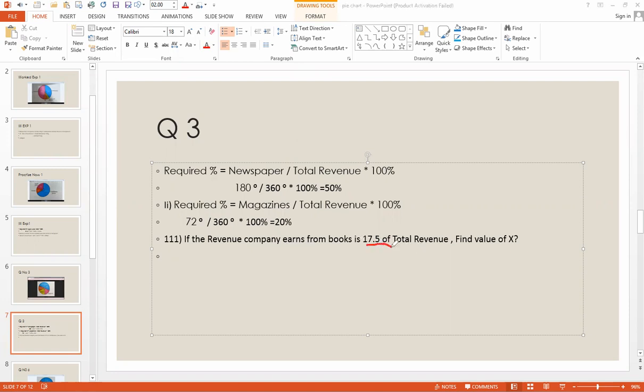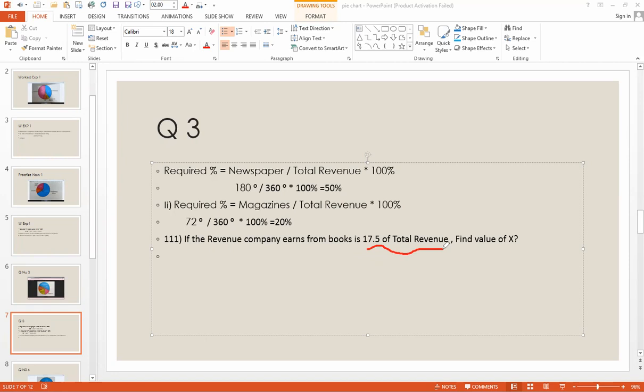This one is very much important. They don't give you the value of book, they just write it here X. So the company earned from book is 17.5% of total revenue, and you have to find the value of X.